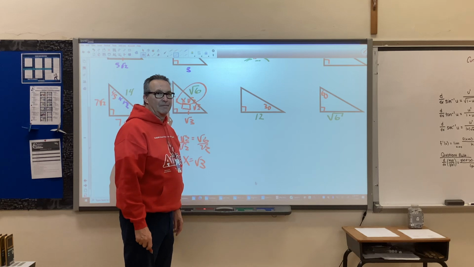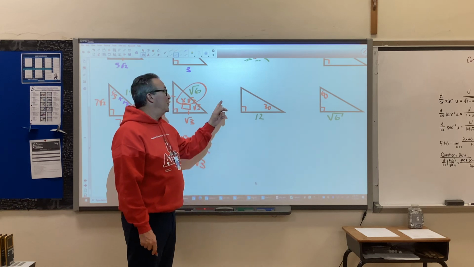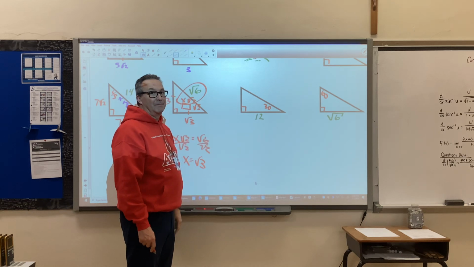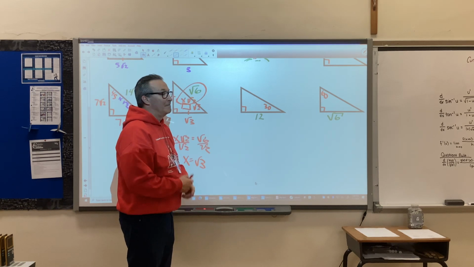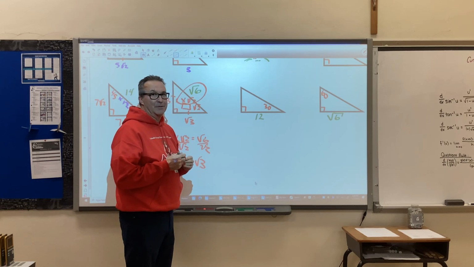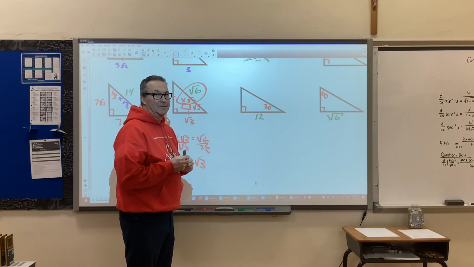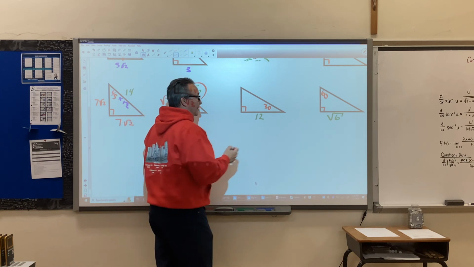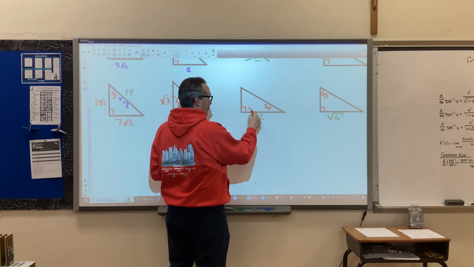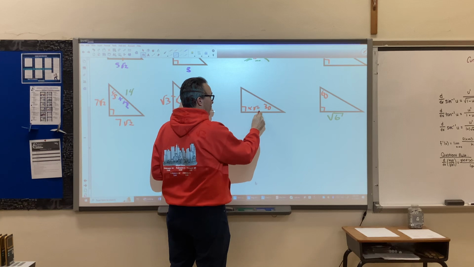We're going to go with the shorter side first, and then double it to find the hypotenuse. What did you say? We're going to find the shortest side first, because this side is the shortest side times the square root of 3.